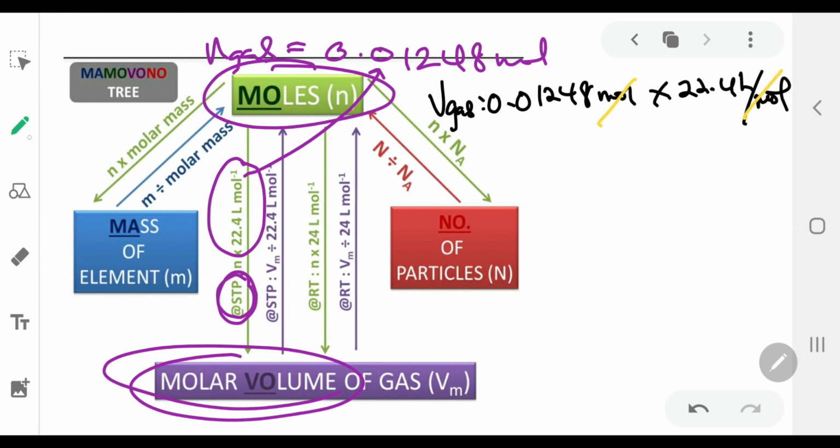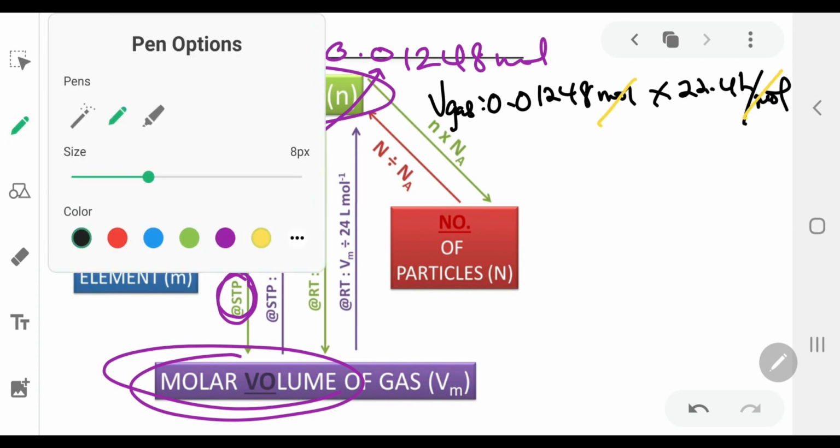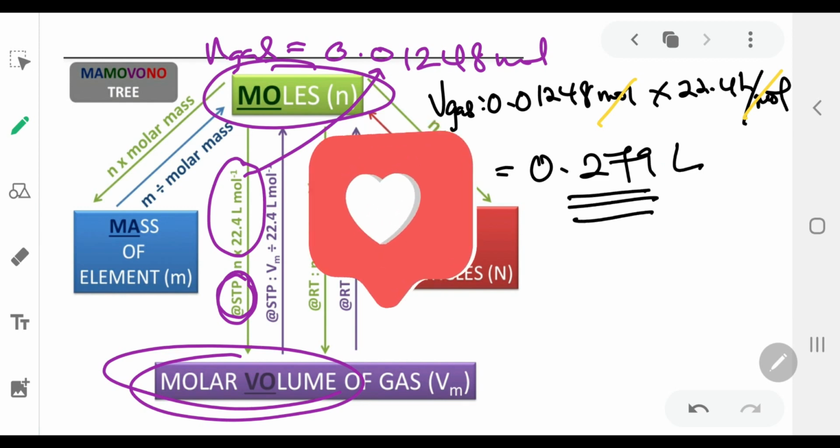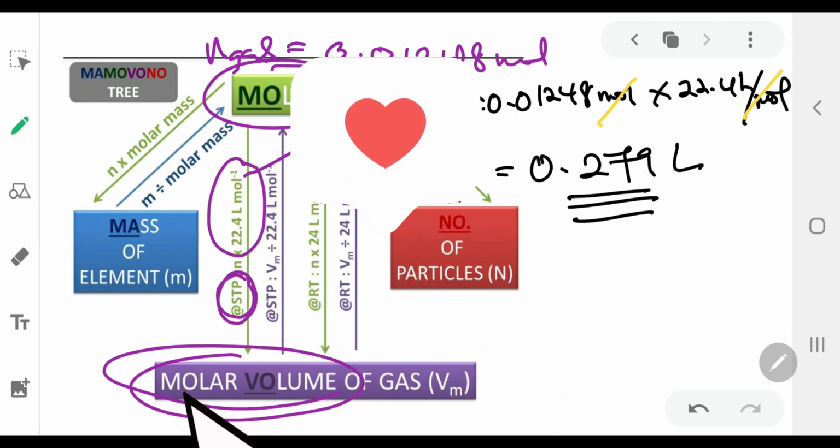Mole and mole cancel, and you're going to be getting the same answer as well. So that's another shortcut or alternative.